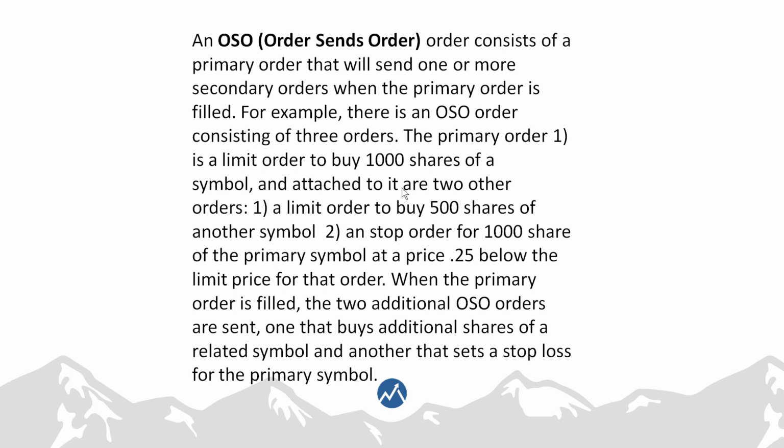Or if crude oil drops down to $38.28, it will stop you out and cancel your take profit order, because your take profit order is going to be a sell order at the higher price. So if you're buying at $38.38, you're going to sell at $38.88, and you're also going to sell if it goes down to $38.28.